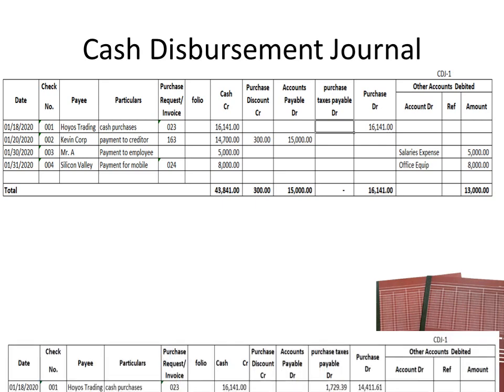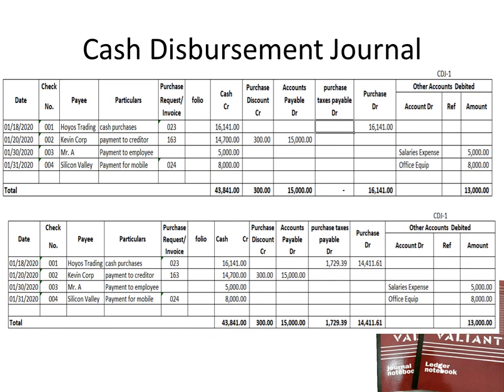Okay? Next. So what if Huyos entity is VATable and Kevin entity is also VATable? If these two are VATable, the entry for Huyos would have cash. We still pay in cash at 16. But take note, our purchases would now be less by 12%. Why? Because this 12% now becomes input tax, which we could deduct from our output tax for our sales.